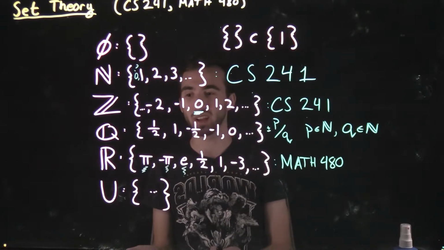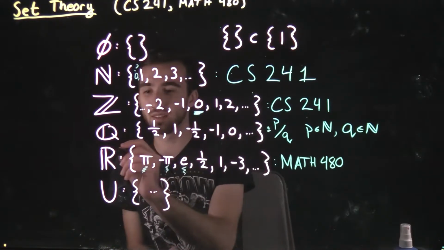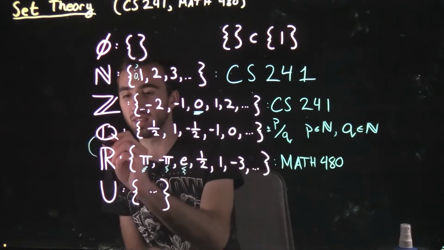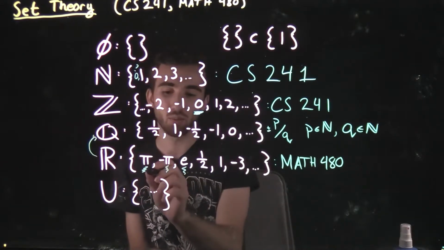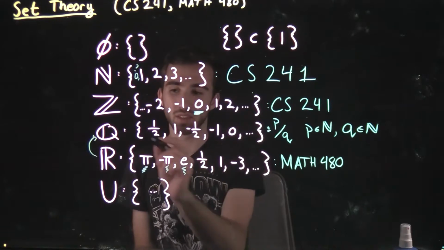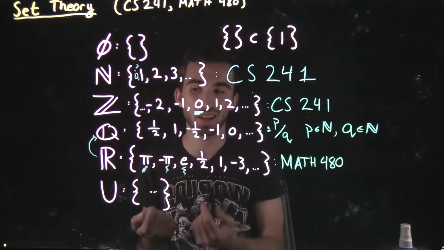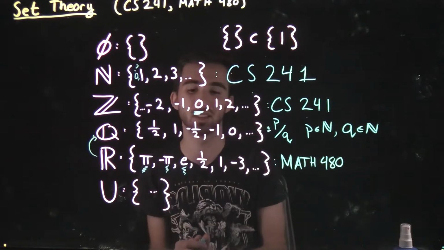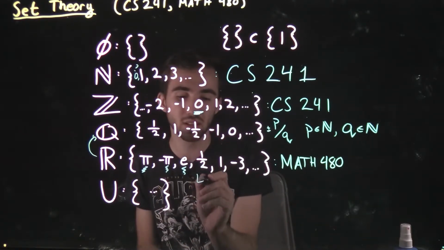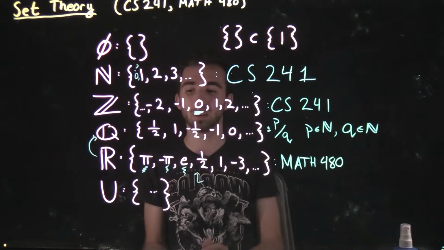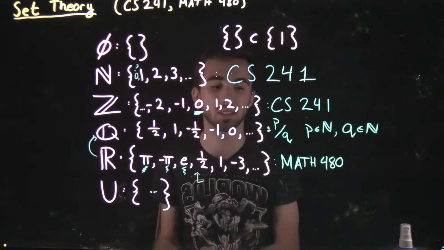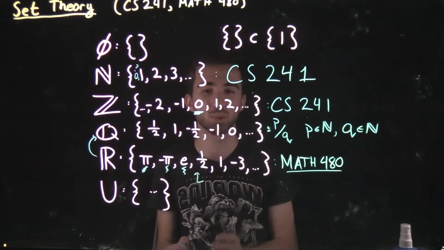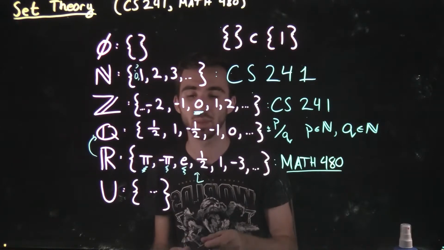And you might be wondering, what makes this set different than this set? Why are there numbers in here that are not in here? What makes pi not rational? What makes the square root of 2 not rational? How are there holes in this? And are there any numbers that are missing from here? Is there a bigger set that we need to consider? Those are some important proofs for Math 480 that you're going to get into.